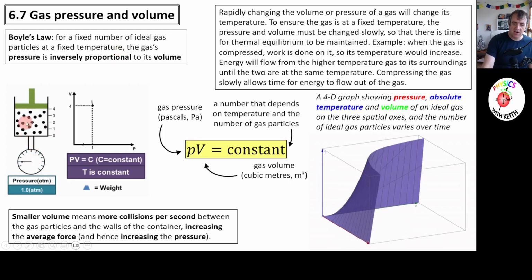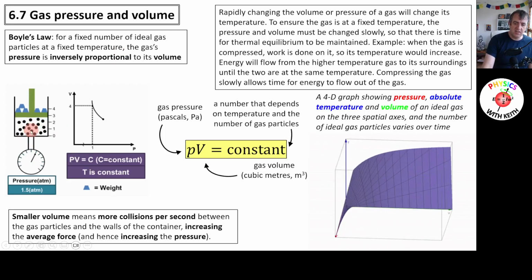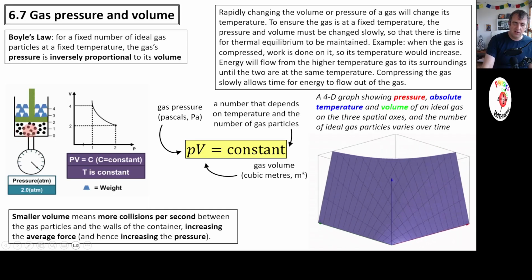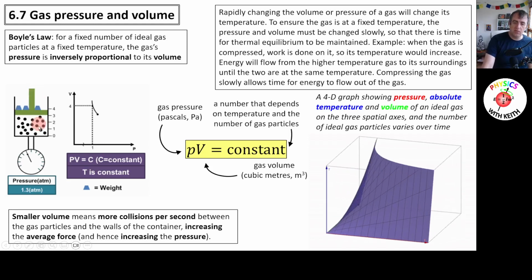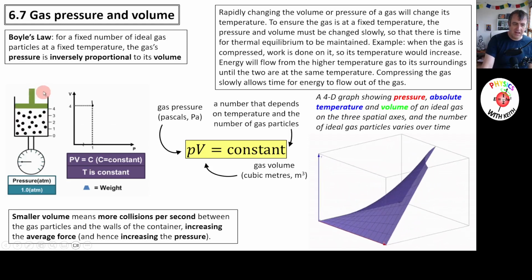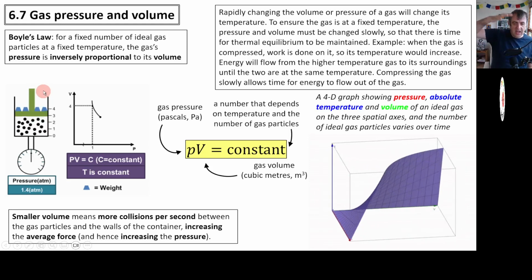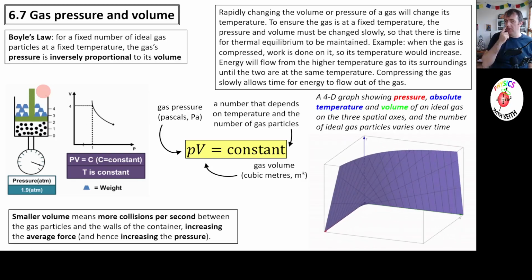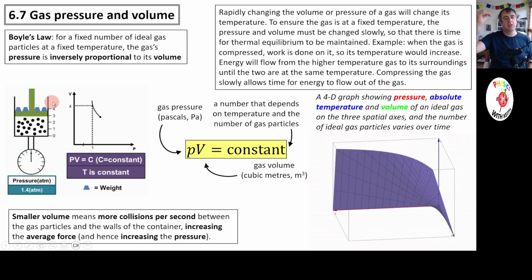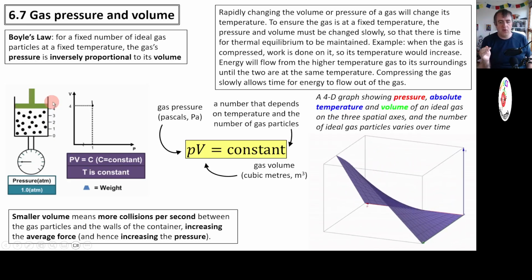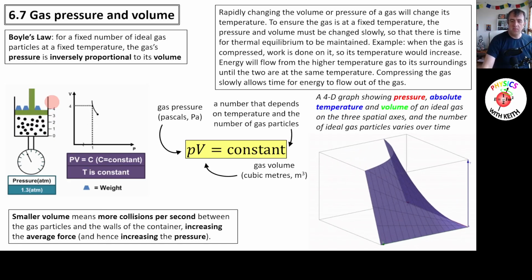So let's look at this picture on the left. Imagine these are particles here that can move around, and I'm pushing them. Right now, when there's none of these blue masses on the plunger, it's only the air outside pushing that plunger down. So it's at atmospheric pressure. The more mass I pile on this plunger, the more force there is pushing down, and therefore the more pressure down.